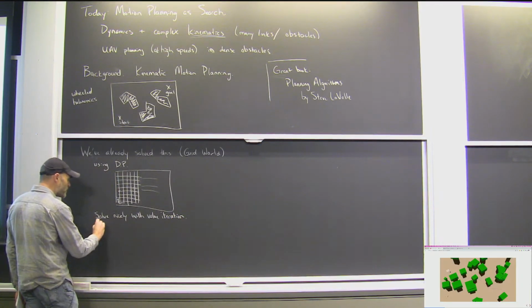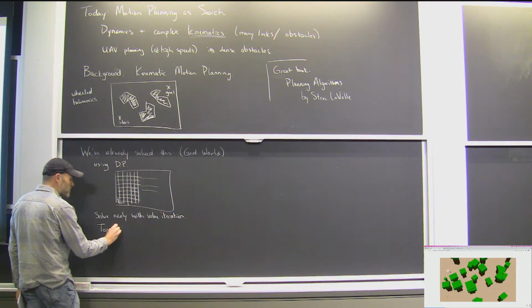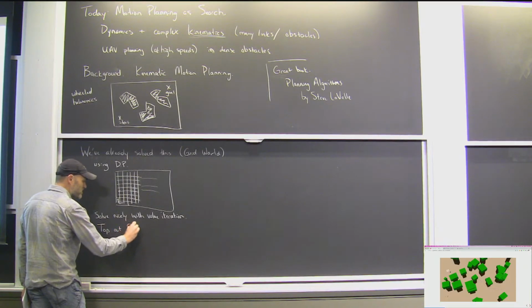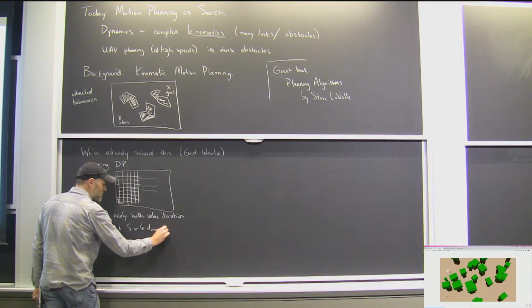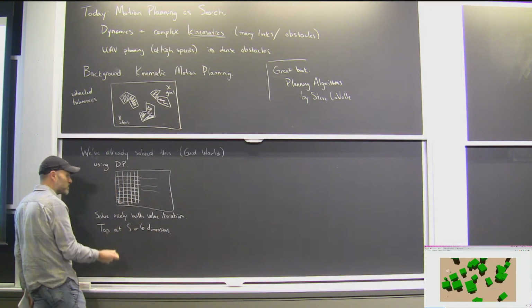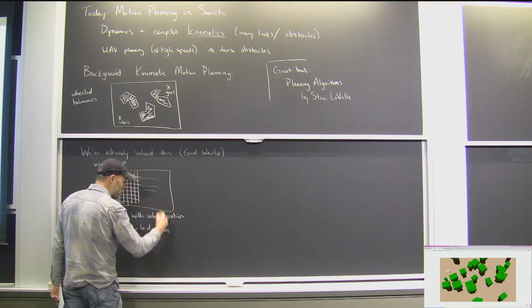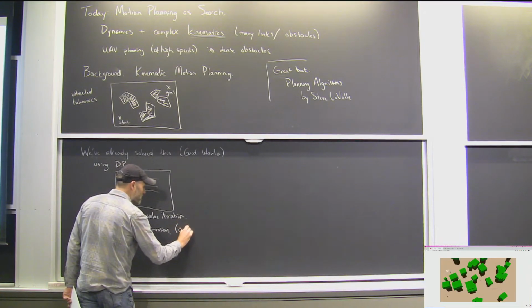They topped out at 5 or 6 dimensions, depending on how coarsely you grid, but these things grow exponentially, right? This is the curse of dimensionality.